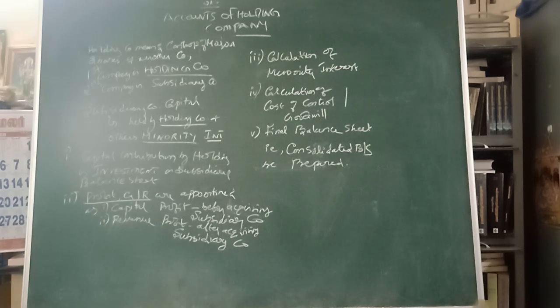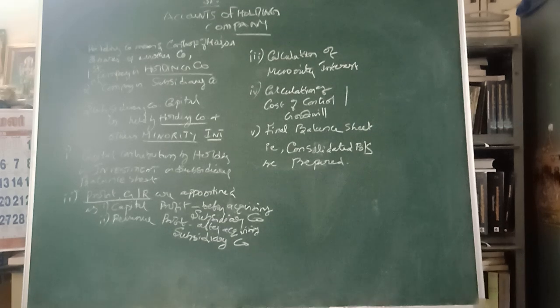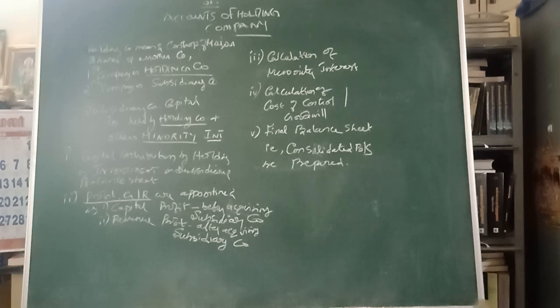Then after doing all these things, the final balance sheet should be prepared. That balance sheet which comprises all the things is named as consolidated balance sheet. That is the final balance sheet.